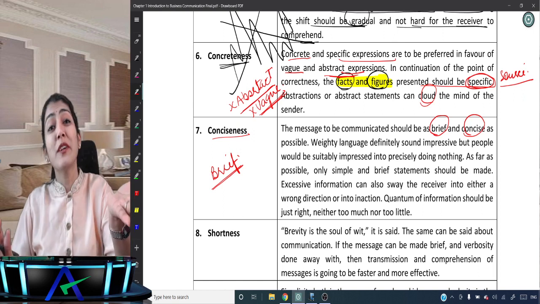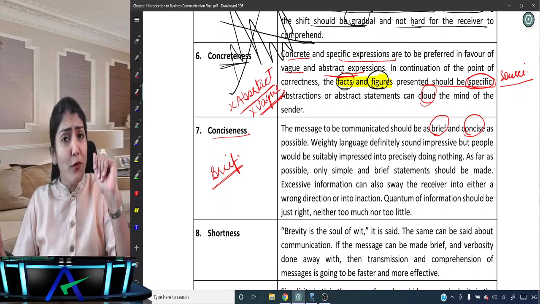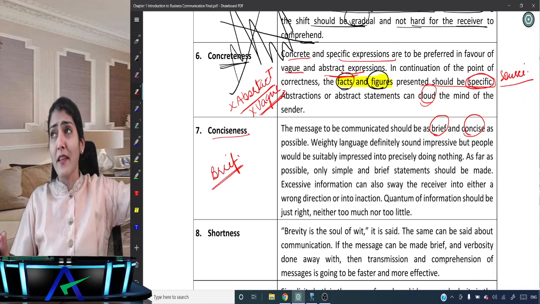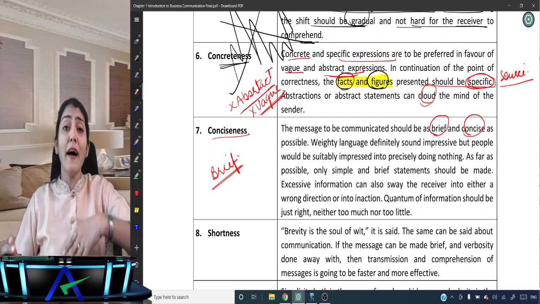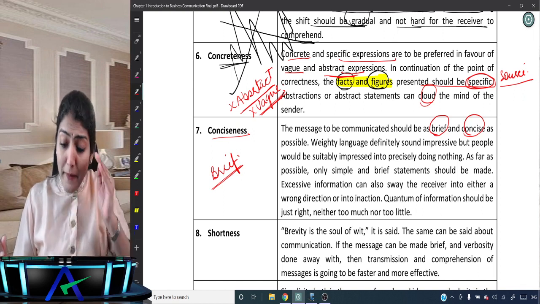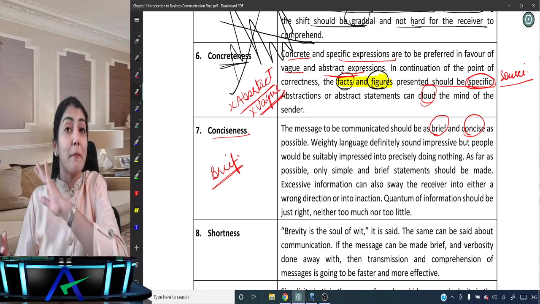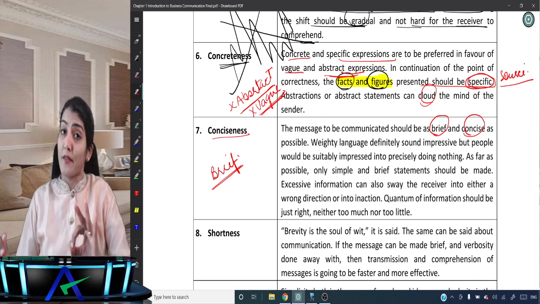You should have come directly to the bike only. There was no need to start by discussing the mobile and laptop first. So the message to be communicated should be as brief and concise as possible.